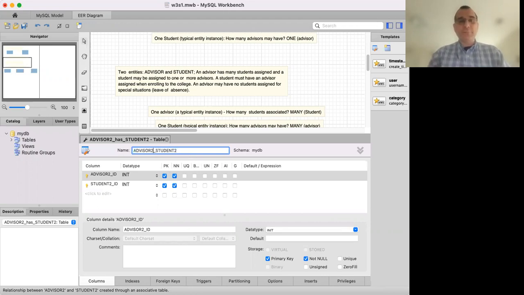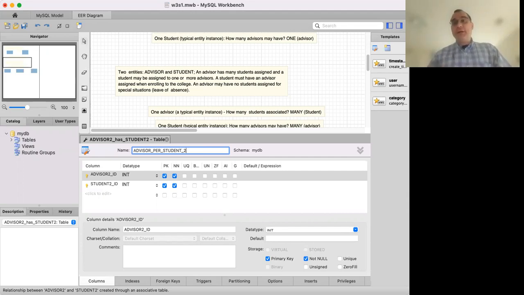Another way, much simpler, is just to put the two names, advisor, student, or you can say advisor per student. And I will keep here two, just to know that this is my second example. So that will be like a composite name.